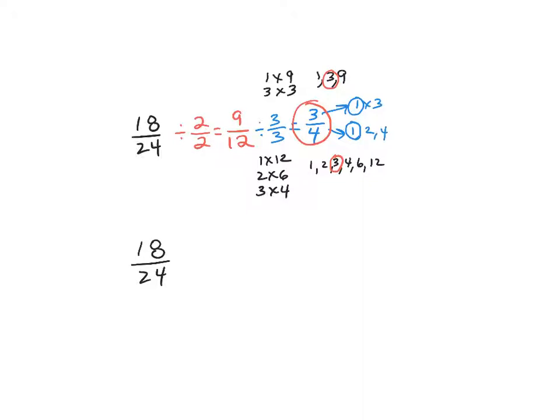I take a look at 18/24, and knowing the divisibility rule of 6, I know that I could divide both of these by 6/6. If I do that, 18 divided by 6 gives me 3, 24 divided by 6 gives me 4. Now I just did it in one step rather than in two steps.